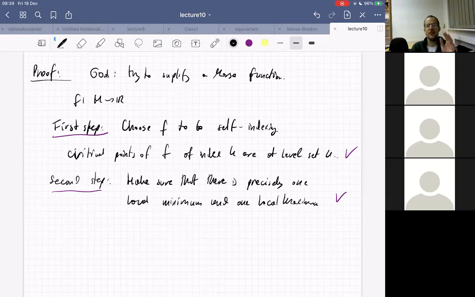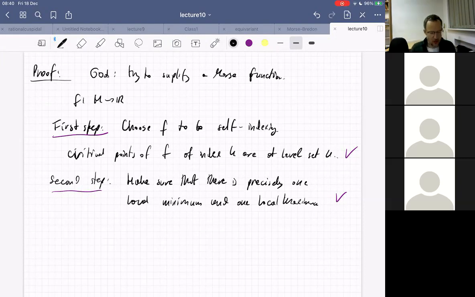So we can find pairs of critical points, by the basis theorem, and I will recall what the basis theorem is later on. And then we can cancel them by using the Whitney trick and simplify the function. So this will be the fourth step.